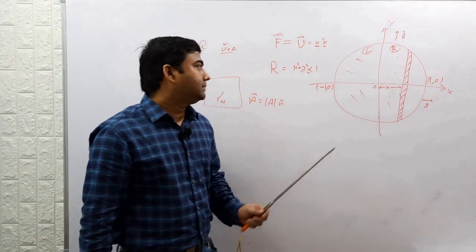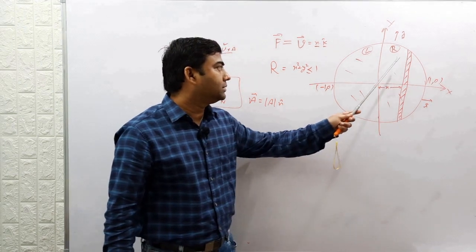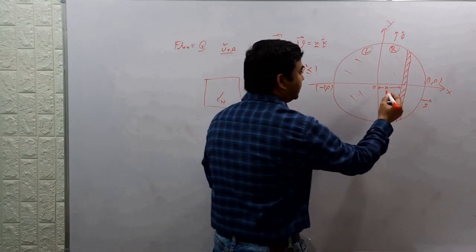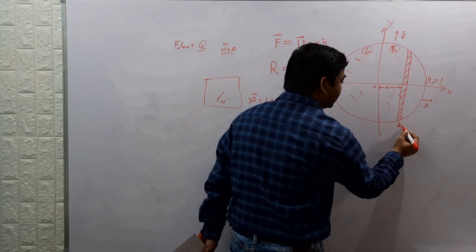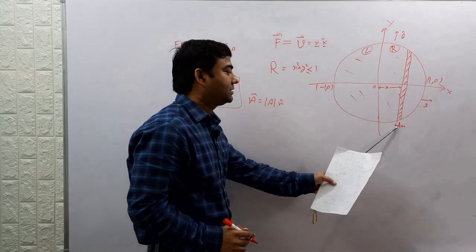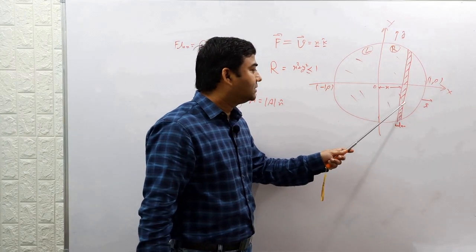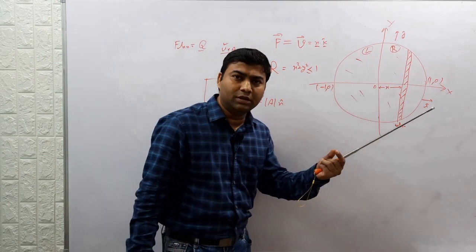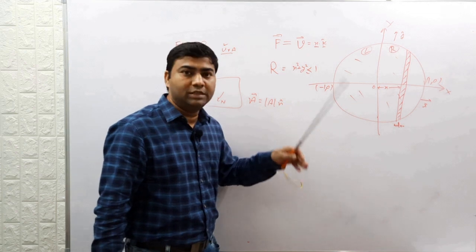So in our case, this is the small strip we have chosen, and we have assumed that the velocity is constant. Let the width of the strip be dx, and we have assumed that throughout this dx the velocity is constant. This is very small. That is the way we use integration in physical problems.